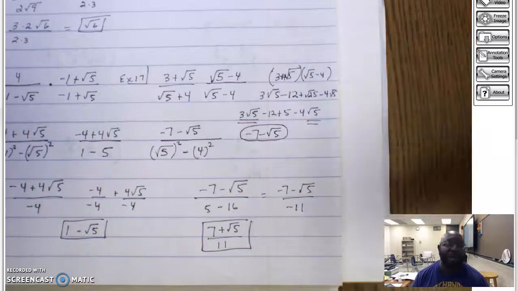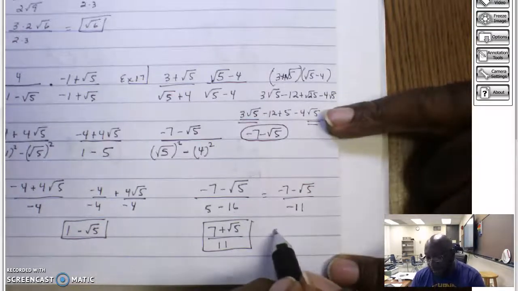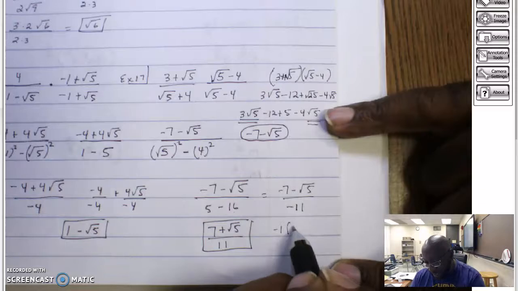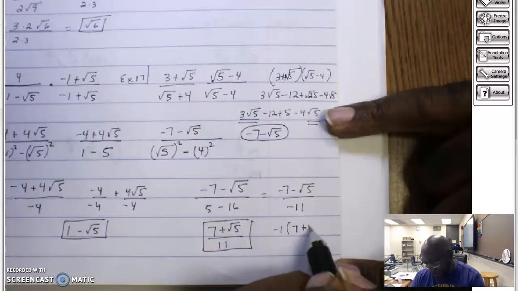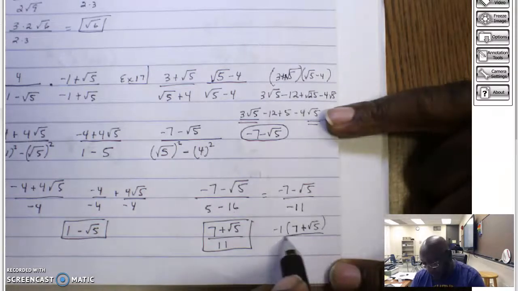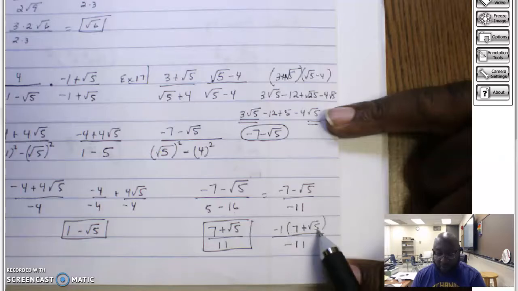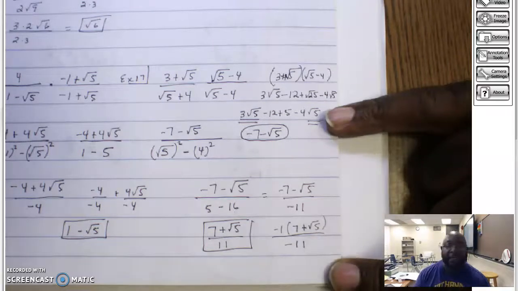If it was positive, I would not do this. So think about it, you actually pull out a -1 because that's a GCF. I pull out a -1, and now you notice that a negative divided by a negative is positive, and then this becomes just 7 plus the square root of 5 as my numerator, and then 11 in the denominator.